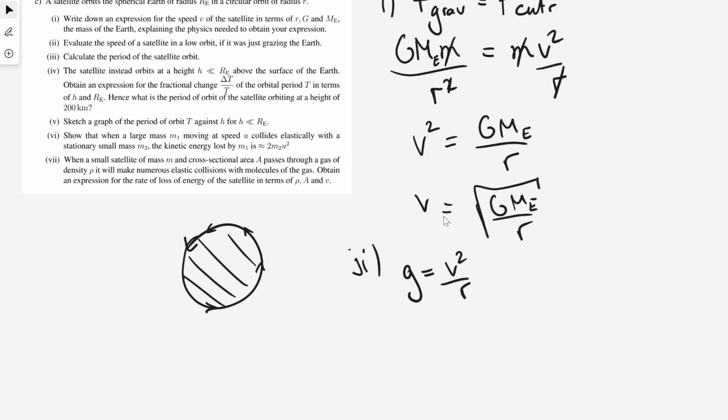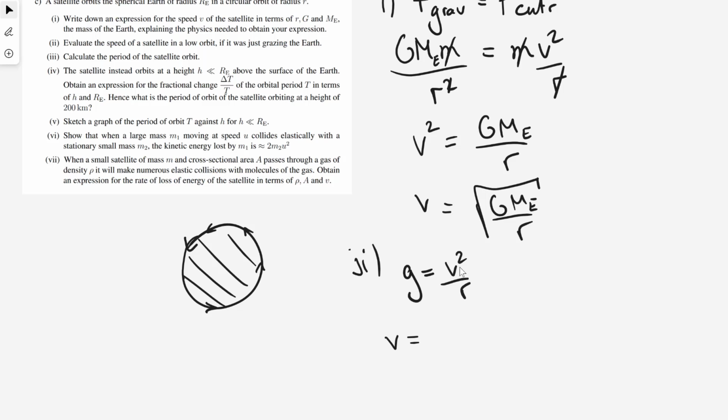Keep in mind that we could have found the speed v using this equation, v equal to the square root of GM_E over r, but we're not given the mass of the Earth, and it's not given in your formula booklet either, and therefore I'm doing it via this method. So g will be equal to v squared over r. If we didn't use this method, we'd need a way to evaluate g at a given height and then substitute back in here.